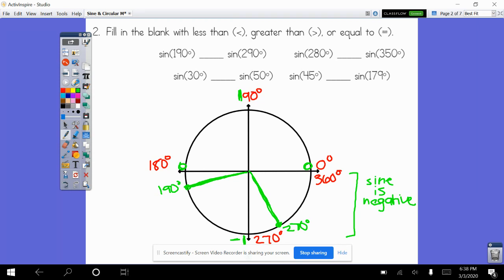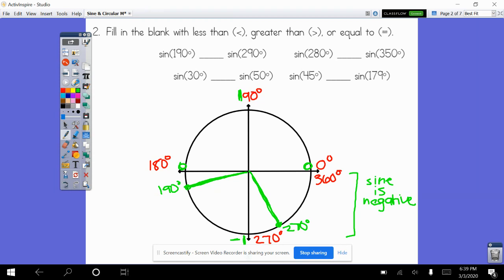So thinking about a number line, if your number line goes from -1 to 0 to 1, the smaller value is the more negative value. So the angle that is closer to -1 or has a bigger negative height is the smaller value on a number line. And the angle that's closer to 0 is going to be bigger.